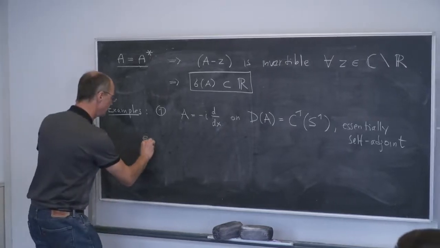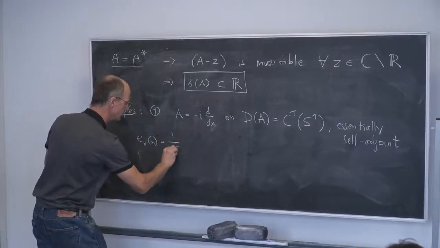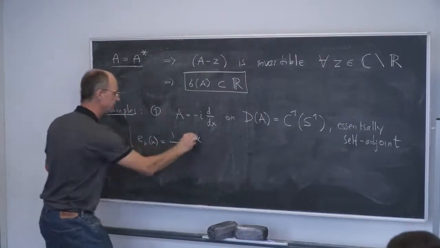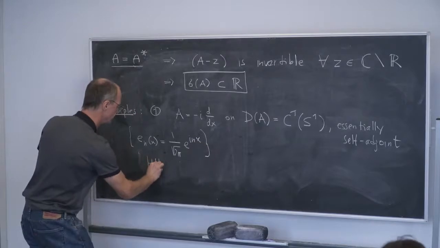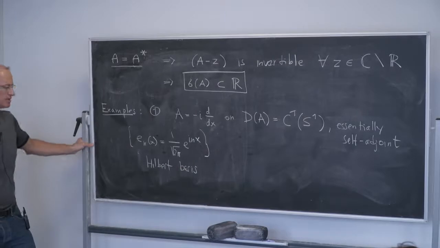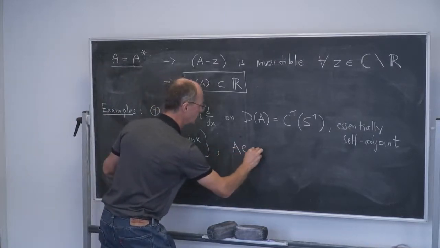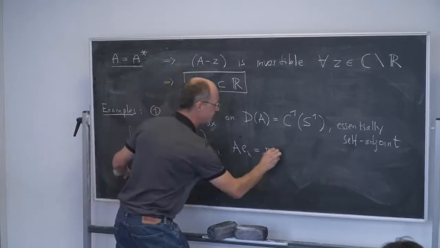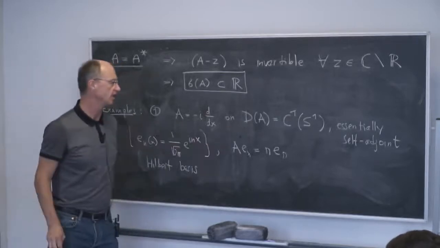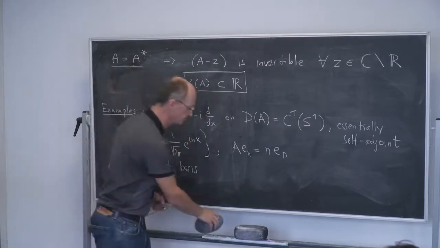If we choose e_n of x to be 1 over square root of 2 pi times exponential i n x, this is the Hilbert basis, and we know that A e_n is equal to n e_n. So we know eigenvectors and eigenvalues of this operator.